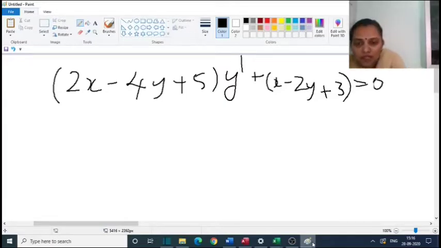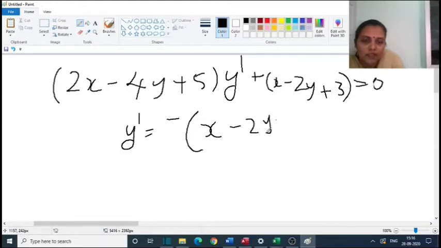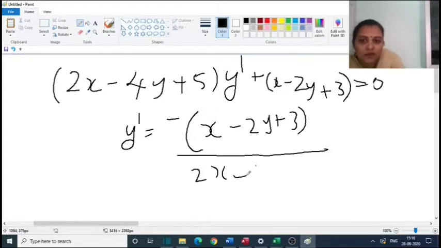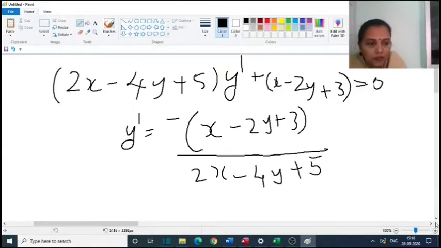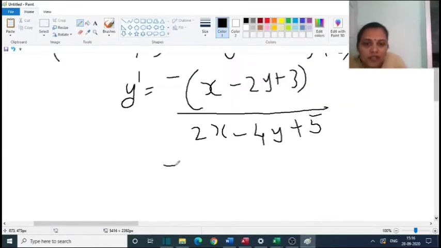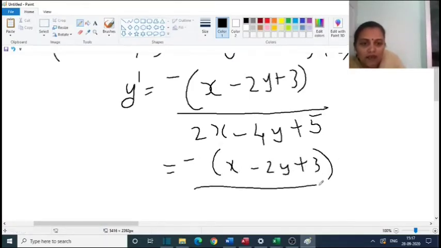We can write the given differential equation as y dash equals minus of (x minus 2y plus 3) divided by 2 into (x minus 2y plus 5).